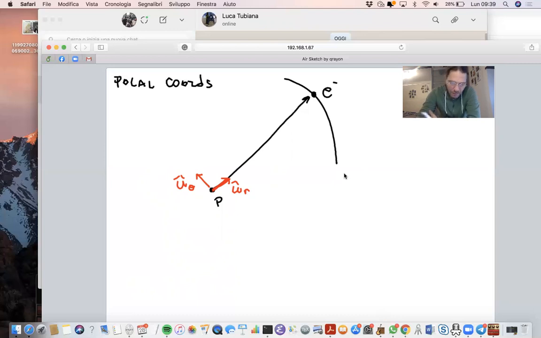So you see, my electron is sitting here, and at some instant I'm setting 2 instantaneous versors, or unit vectors, to specify a reference frame.